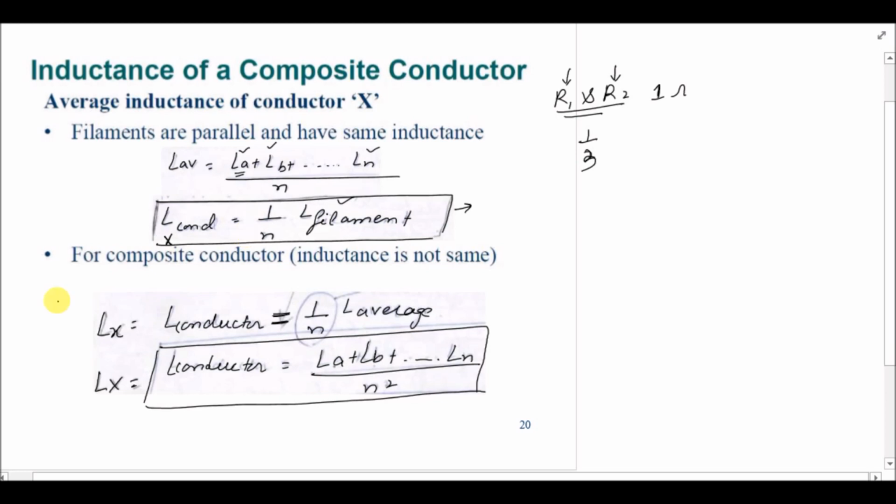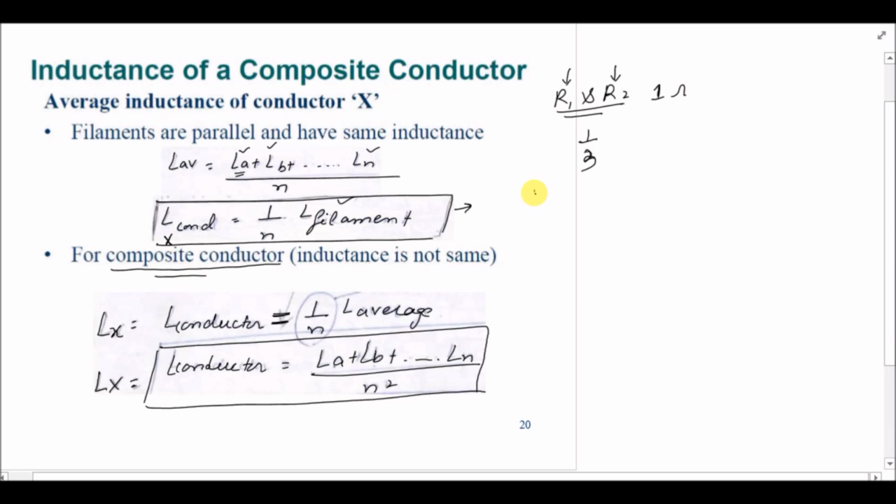But when we have to find the inductance of a composite conductor, we do not have the same material for all the filaments, so the current will not be the same, and different currents will flow in different filaments.